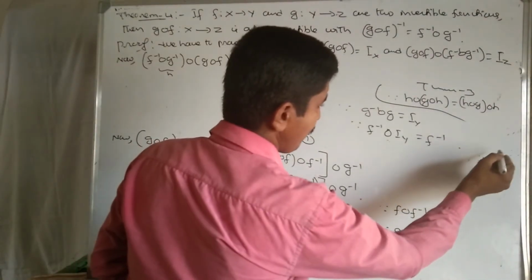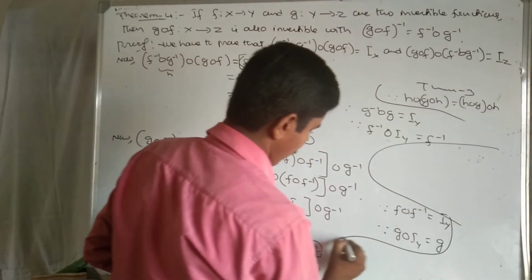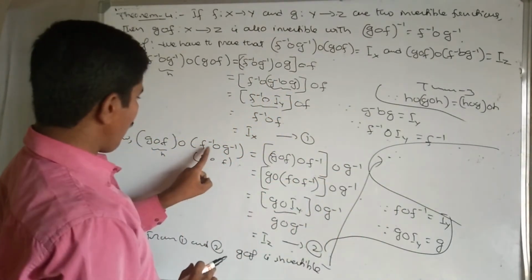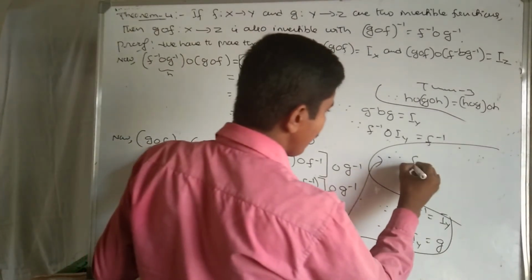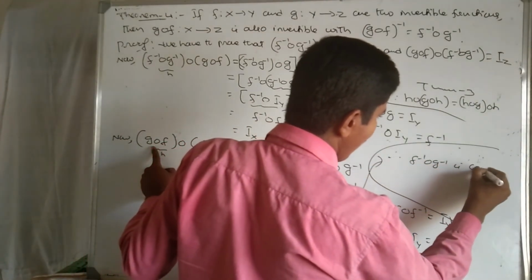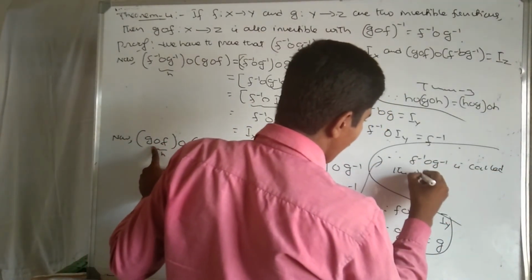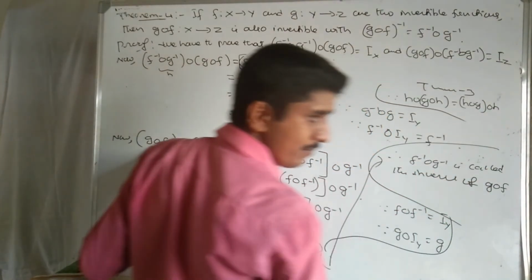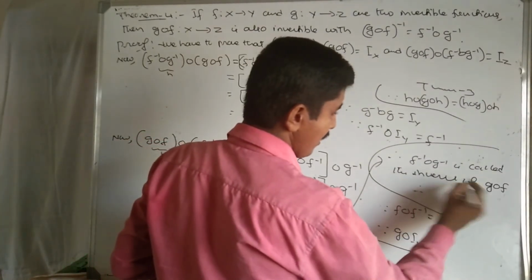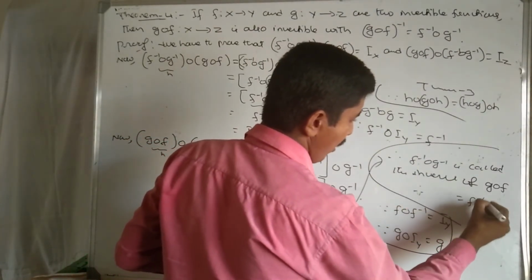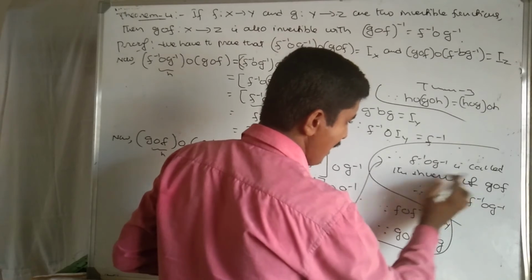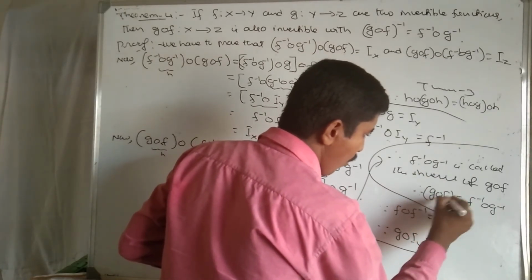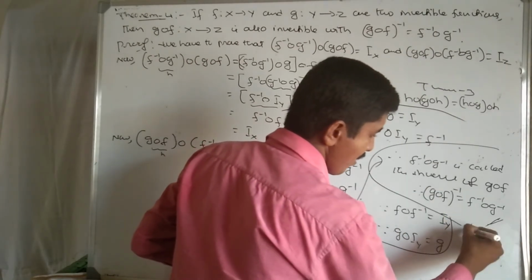Next step, you write: therefore, F inverse o G inverse is called the inverse of G o F. Hence it is true.